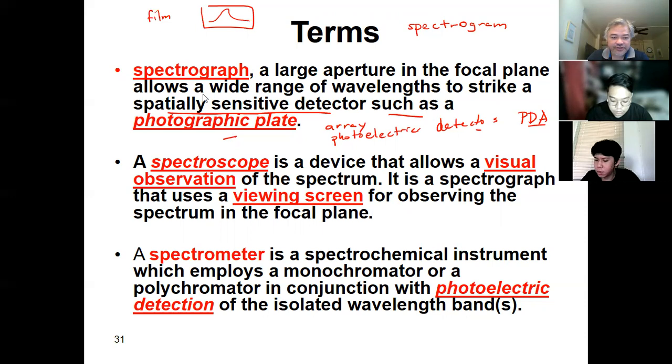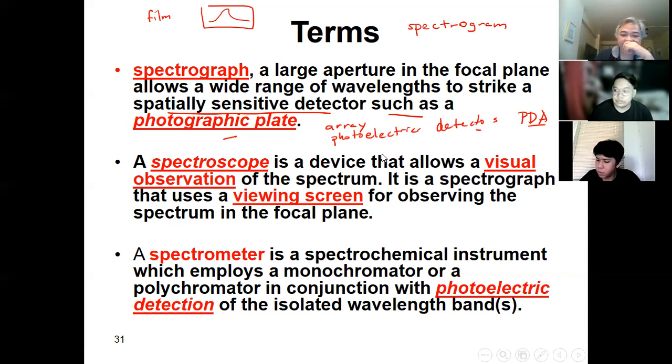Now, the other one that we have after the spectrograph is what we call the spectroscope. How is it different from the spectrograph? If we look at the spectroscope, this is the device that measures the spectrum of light.